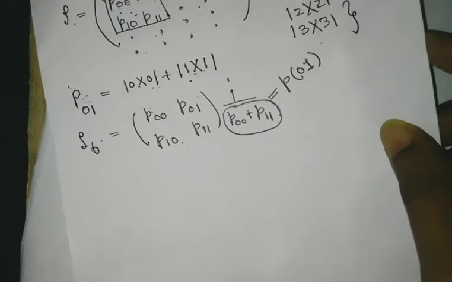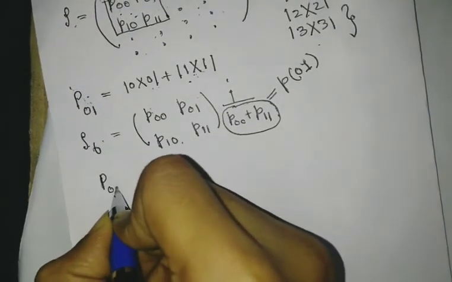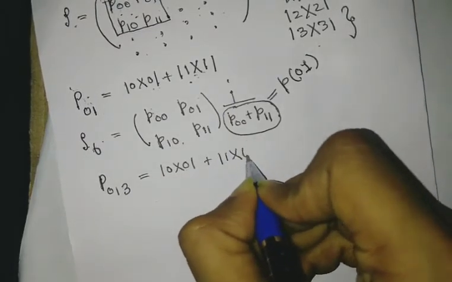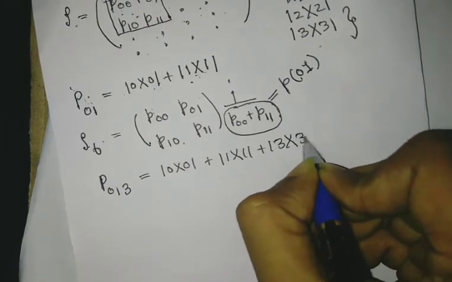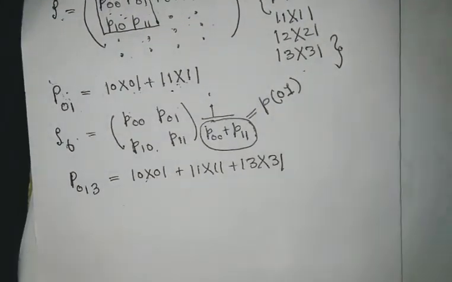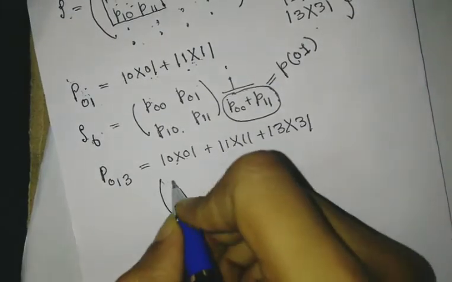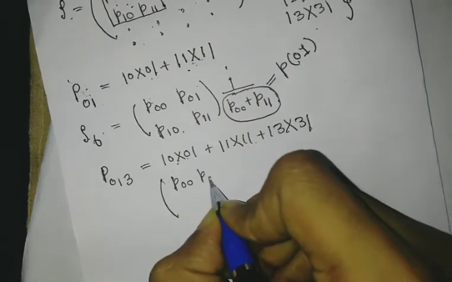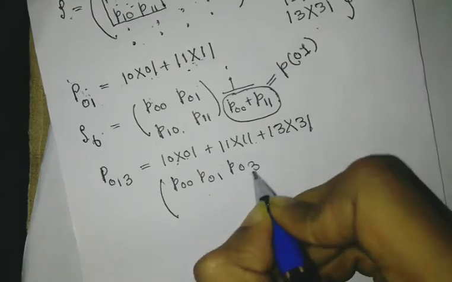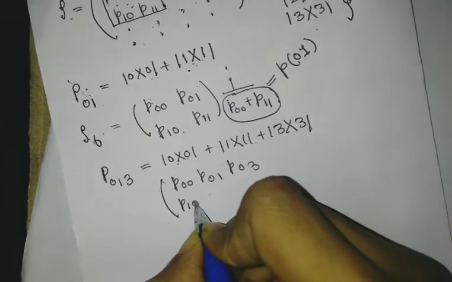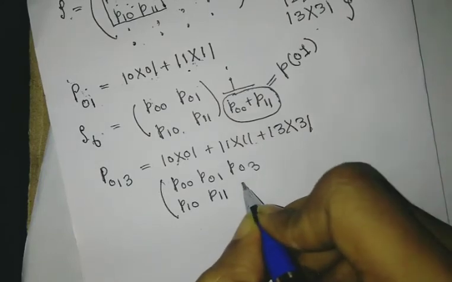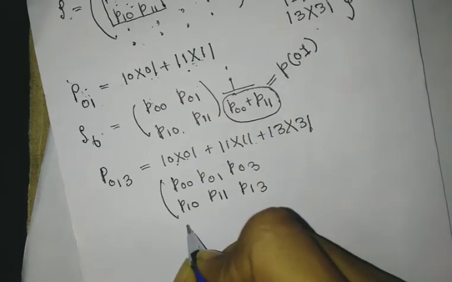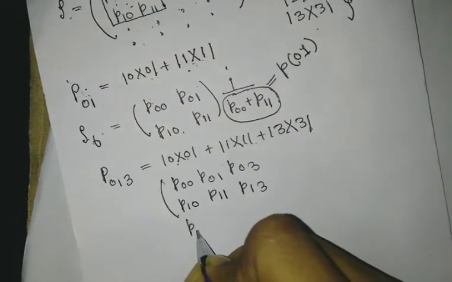You can do more. I can have P013. This is again a projector. It will project into the 0, 1, 3 dimensions only. So you will have P00, P01, P03, P10, P11, P13, P30, P31, P33, while P12 and the entire 2 block will not be there.